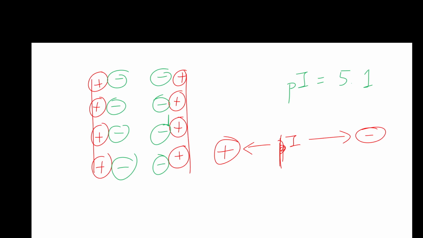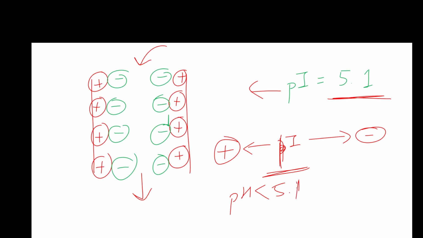Okay, so now in order to elute the protein, you want this protein to leave the matrix, and in order to leave the matrix the protein should be positively charged. So suppose you add a buffer of pH lower than its pI value. The pI is 5.1, so the pH of the buffer should be less than this pI.